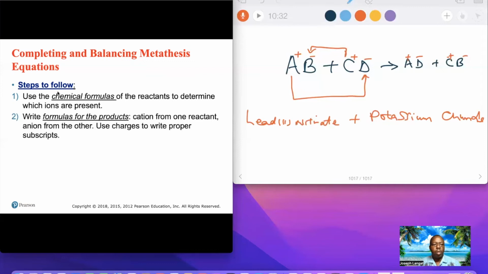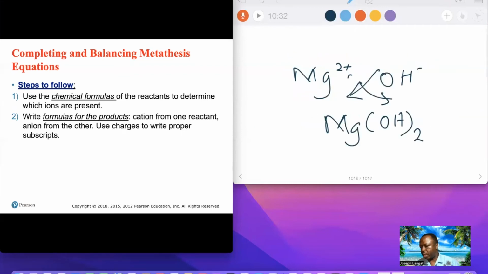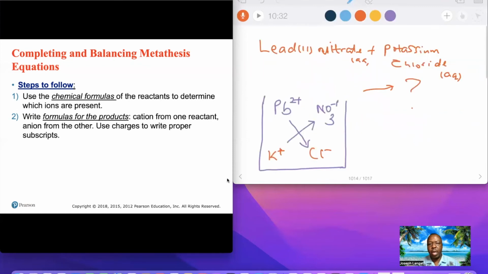Write the formulas for the products, with the cation from one reactant and the anion from the other. Use charges to write the proper subscripts. This is where the double replacement comes in. Remember how I did this? This is what I did here in terms of using the charges to write the proper subscript.